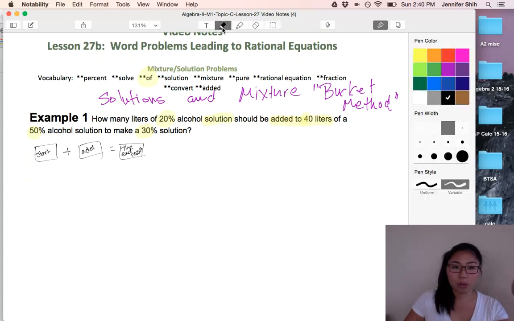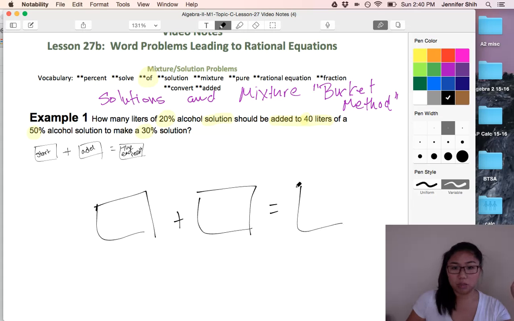So again, I'm going to draw my 3 buckets. So I have a 20% alcohol solution, and then I need to add to a 40-liter solution that has a different percentage, and it's going to equal some other solution. So let me show you how I fill this out. What do I start with? I start with how many liters of a 20% solution should be added.